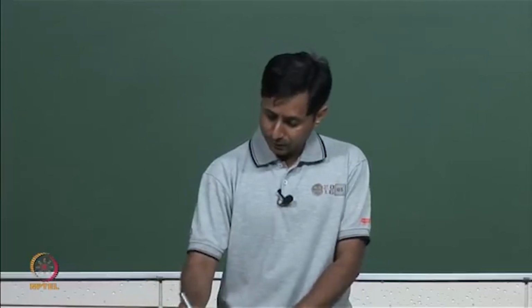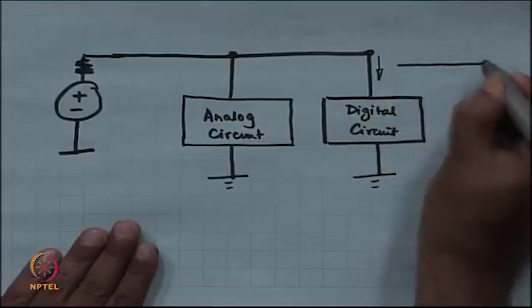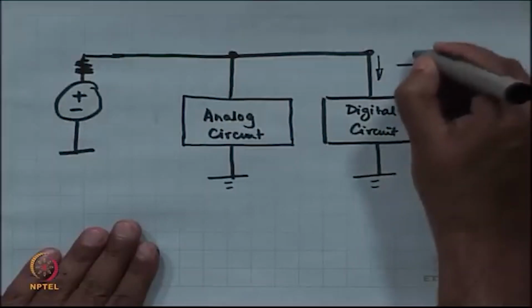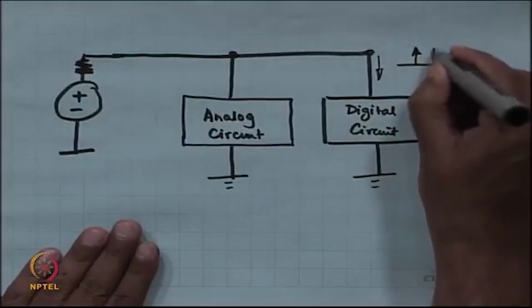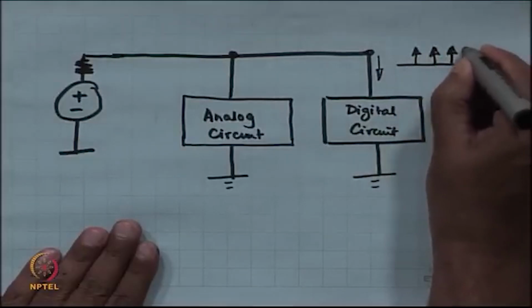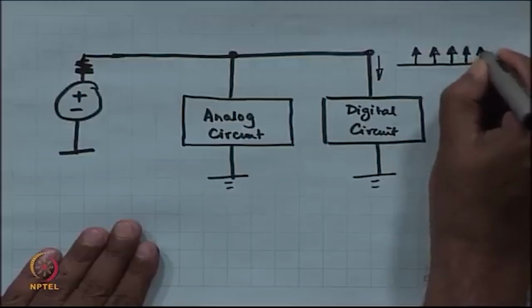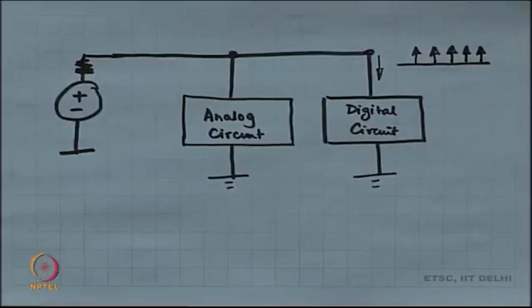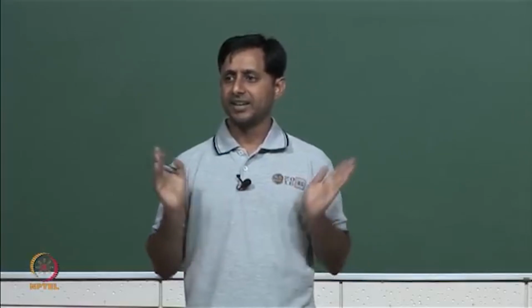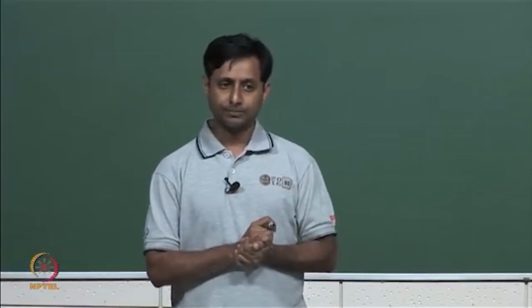Okay. So, if you look at the current profile of the digital circuit, it looks like this. There are current impulses, and all of those current impulses are at the edges of the clock.